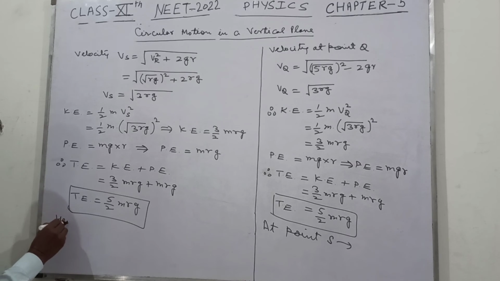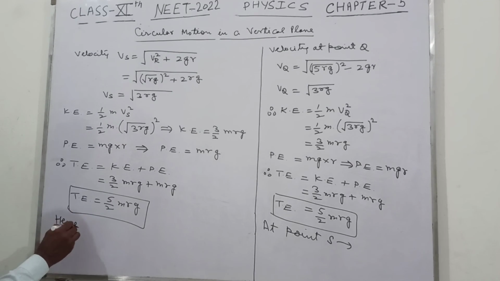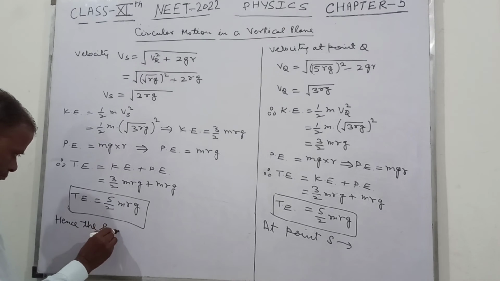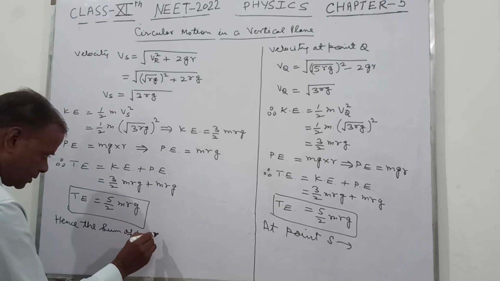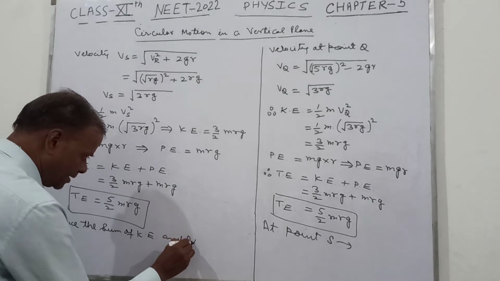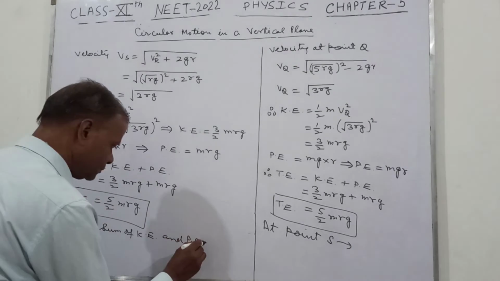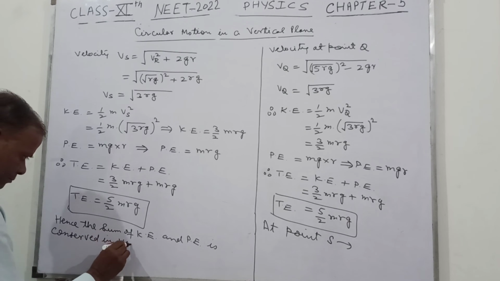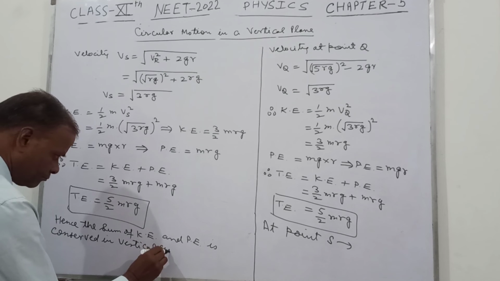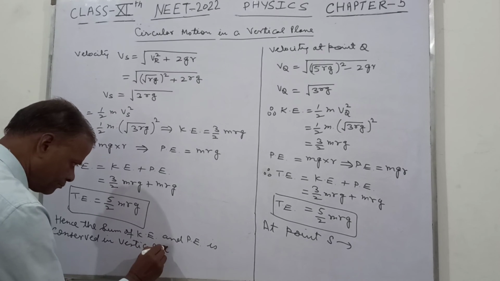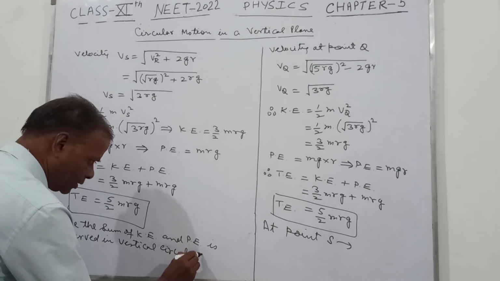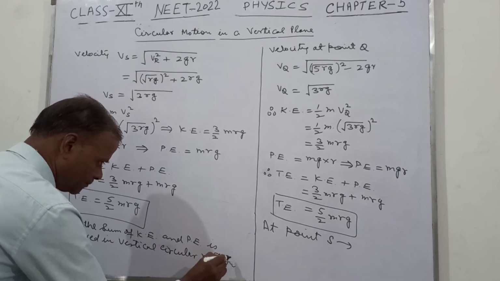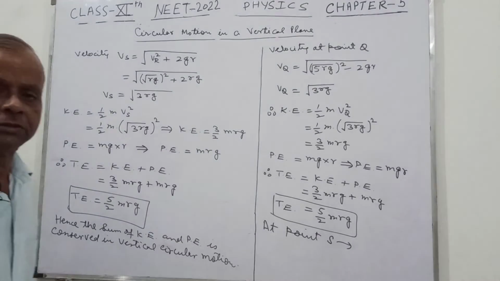Hence the sum of kinetic energy and potential energy is conserved in vertical circular motion. So there is the conservation of energy.